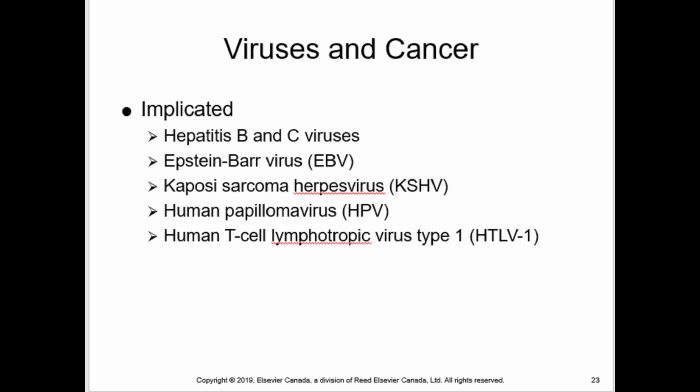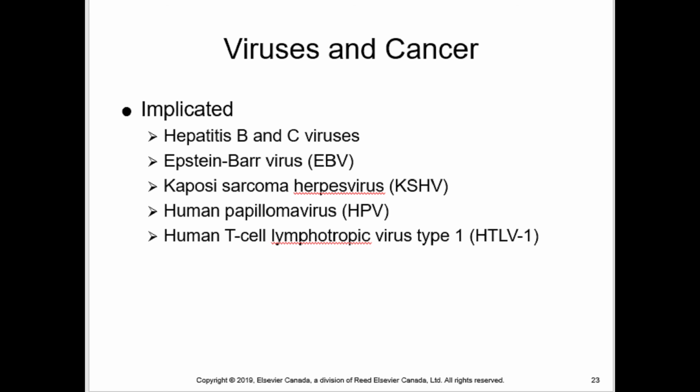HPV has been implicated with various cancers, including of the cervix, vagina, and vulva in women, as well as the penis in men, the anus in both men and women, and the throat in both men and women.